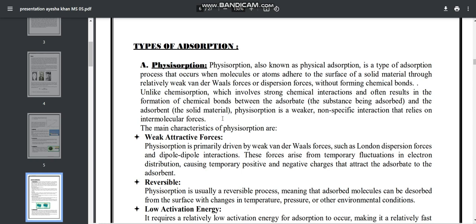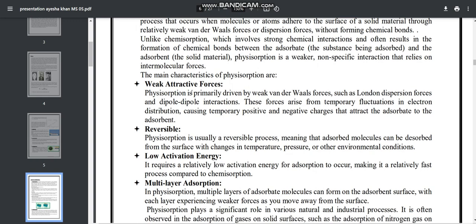The characteristics which affect the physisorption are weak attractive forces, because in physisorption, weak van der Waals forces such as London dispersion forces and dipole-dipole interactions are formed.